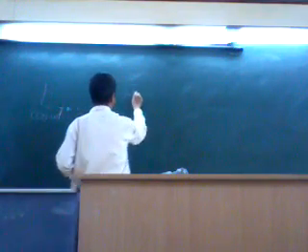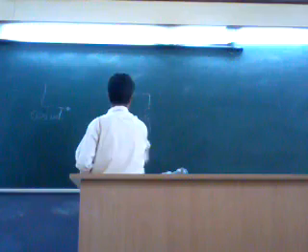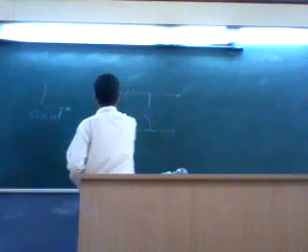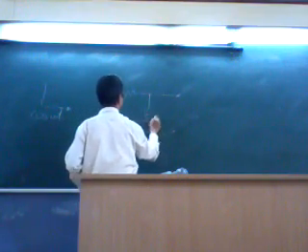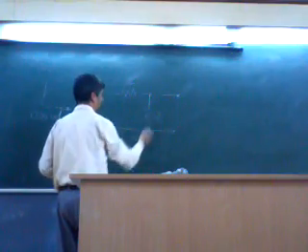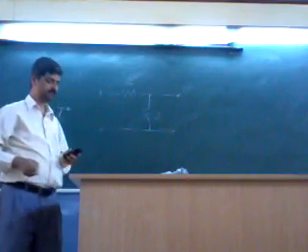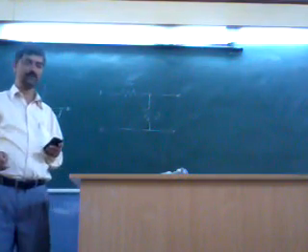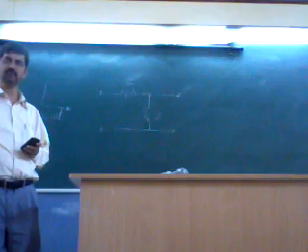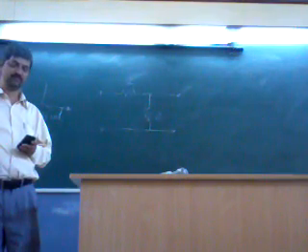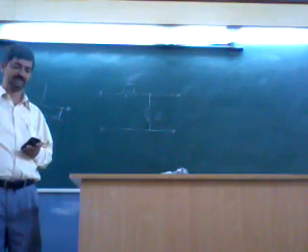So we take a simple circuit. What is the output now? If input is cos omega t, what is the output? Half cos omega t, right?